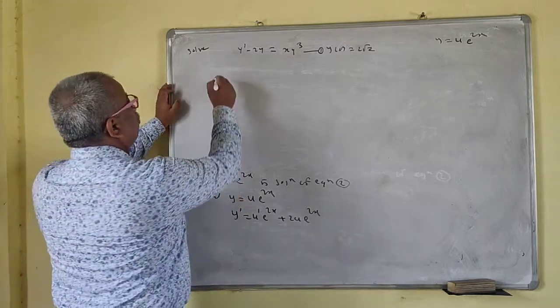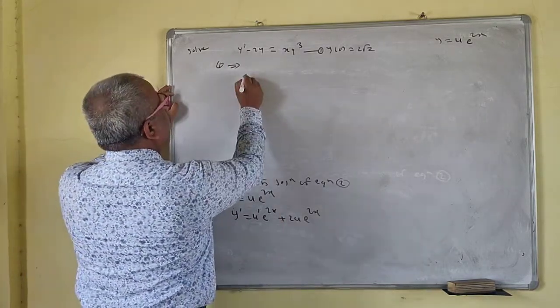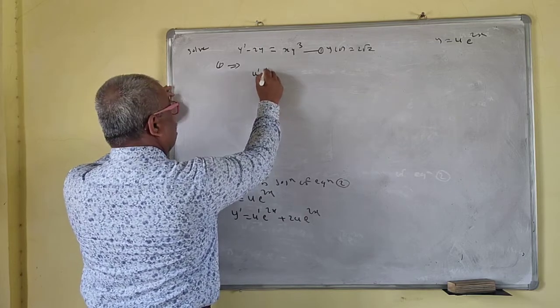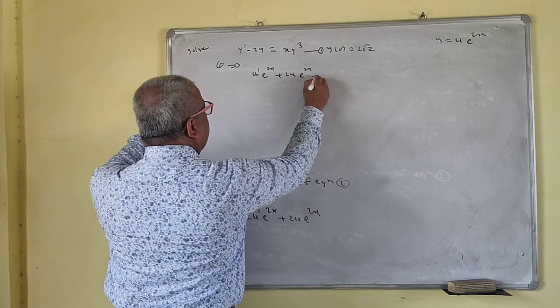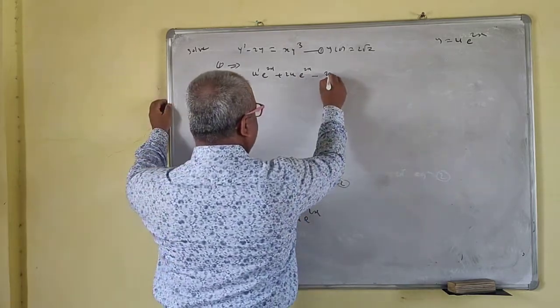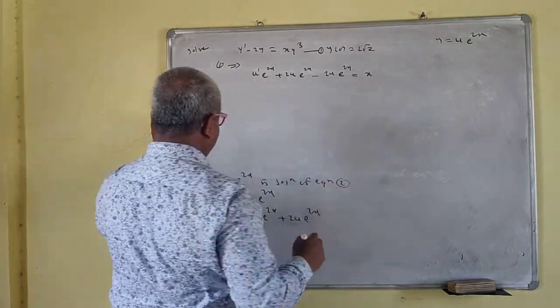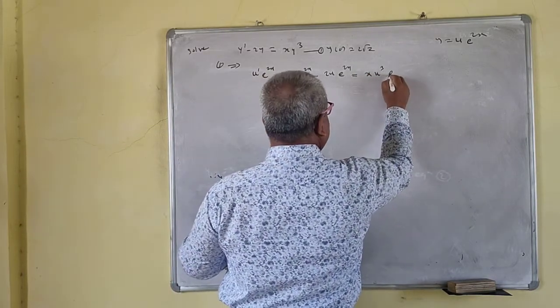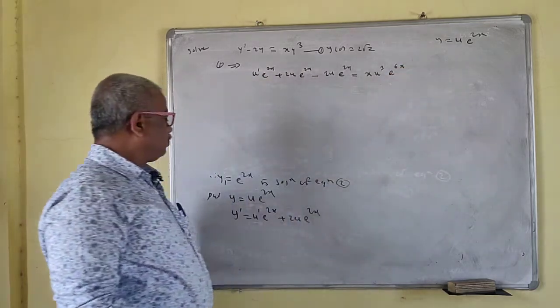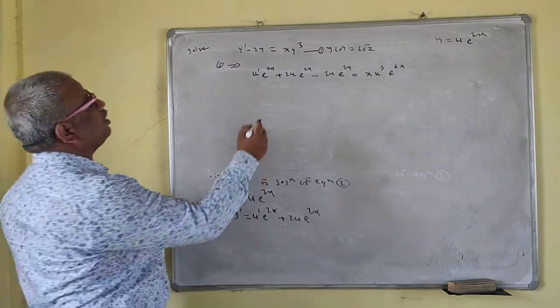Now equation 1 implies, what is your y prime? So u prime e raised to twice x plus twice u e raised to twice x, minus twice y, is equal to x y cubed. Do all the calculations carefully. So u cubed e raised to 6x. Now these get cancelled, so u prime equals x u cubed e raised to 6x.